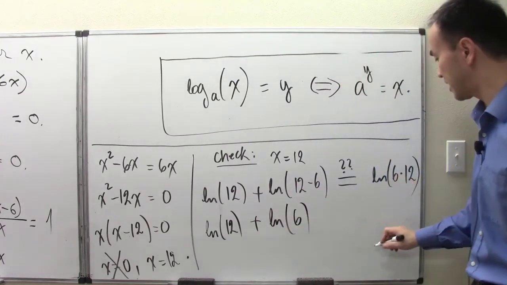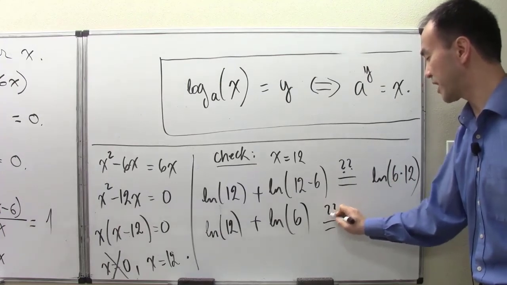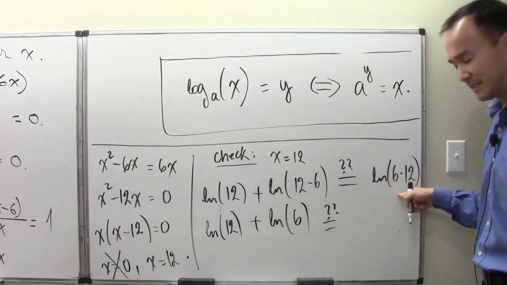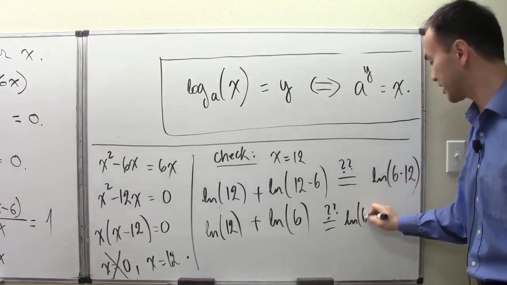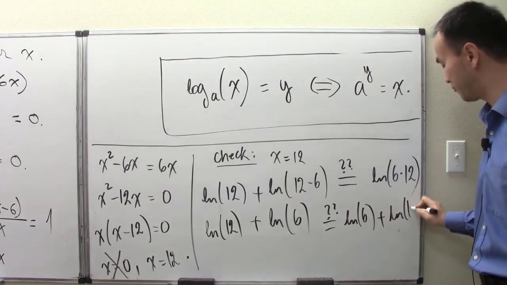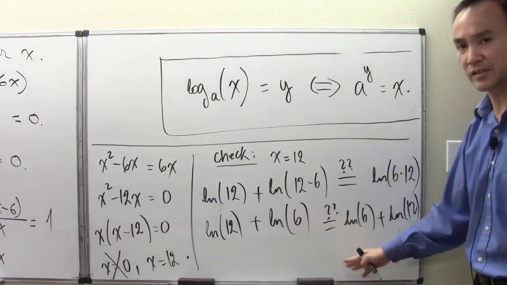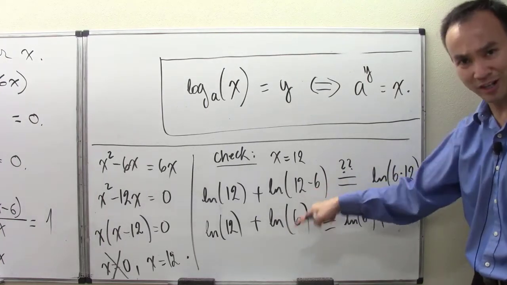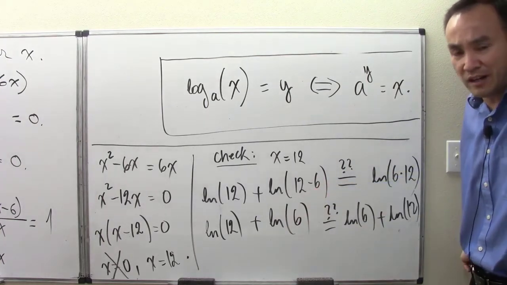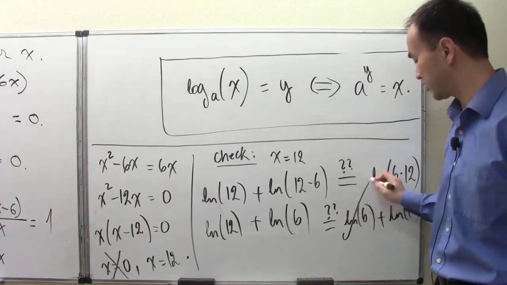The right-hand side is a product: natural log of 6 plus natural log of 12. We've learned that from our lecture about the properties of logs. So needless to say, the two sides have to be equal. We don't need to actually obtain the values right here. So now I put a check here.